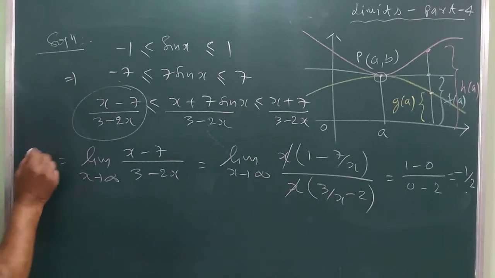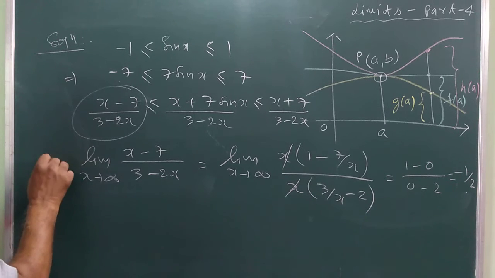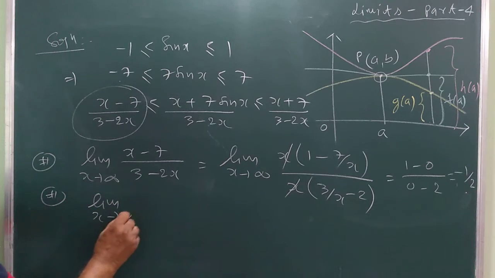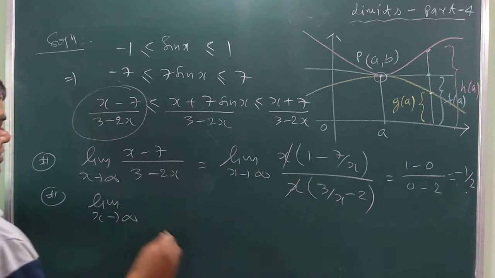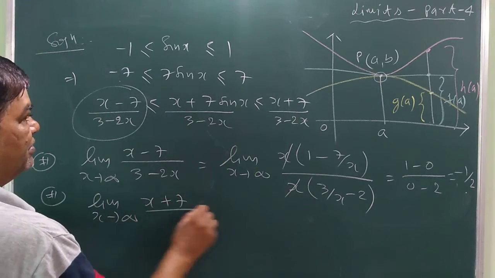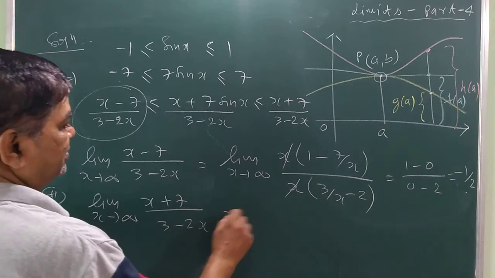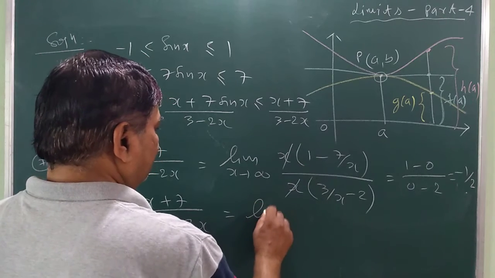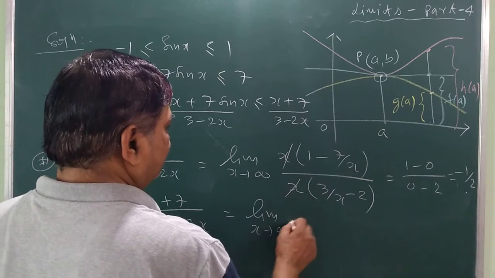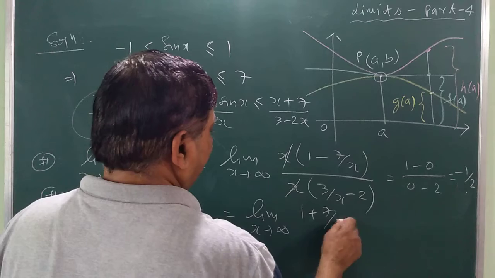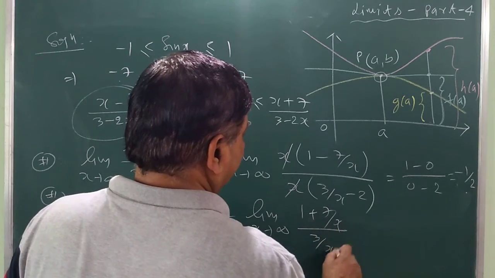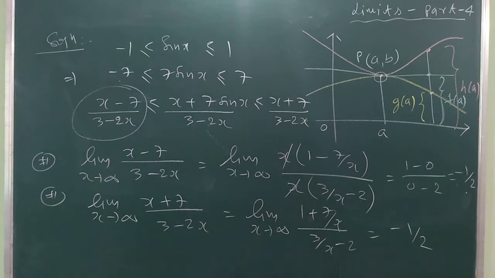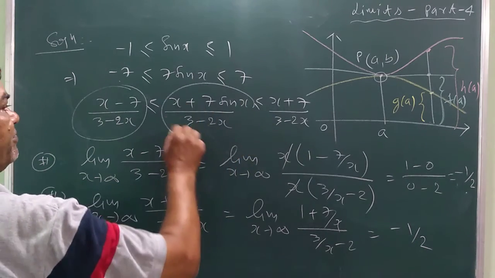Similarly, we take the limit of the function h(x), that is (x + 7)/(3 - 2x). Taking x common, this will be limit as x tends to infinity of (1 + 7/x)/(3/x - 2), which is also -1/2. So what is the limit of this function?